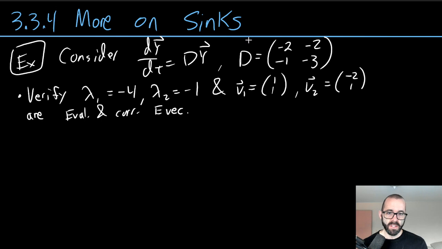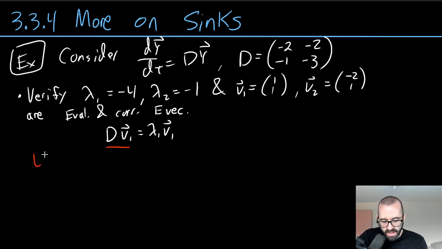So that's a good thing for us to do together because we need to remember what that means. This is true if the matrix times the vector equals the eigenvalue times the vector. So we'll start by looking at the left-hand side. What is the matrix times our vector? That's [-2, -2; -1, -3] times the vector (1, 1).